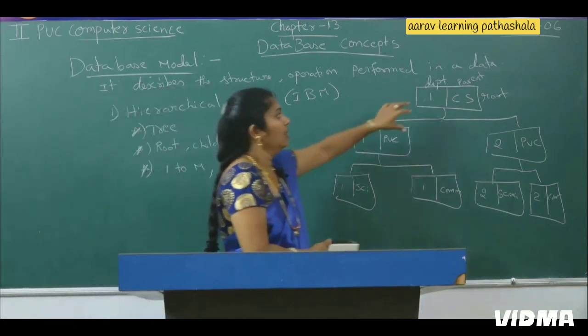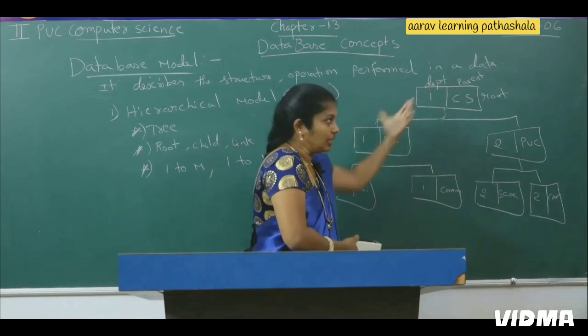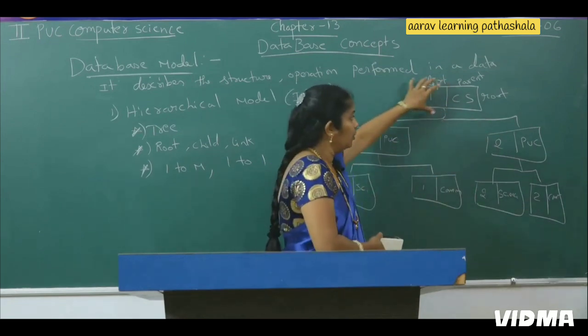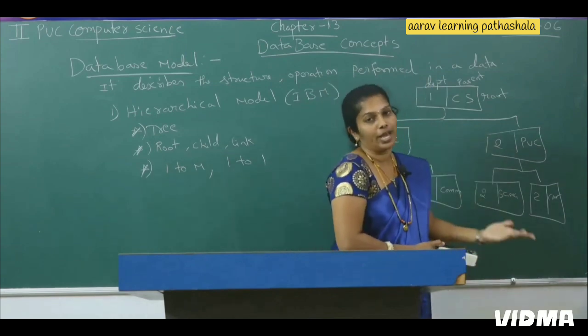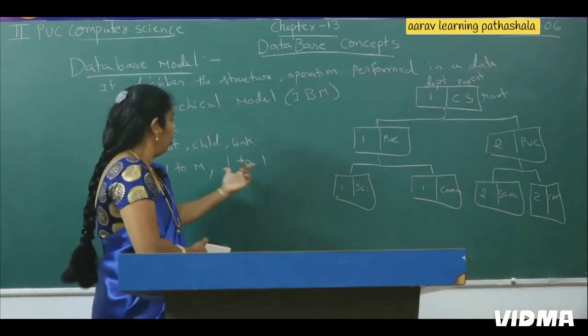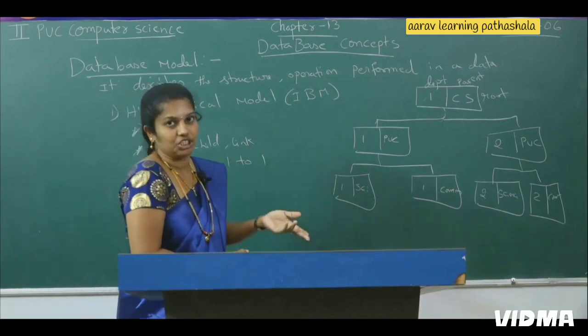For example, only one root node and only one child node, or one root and multiple children. It means that it may follow one-to-one or one-to-many relations.